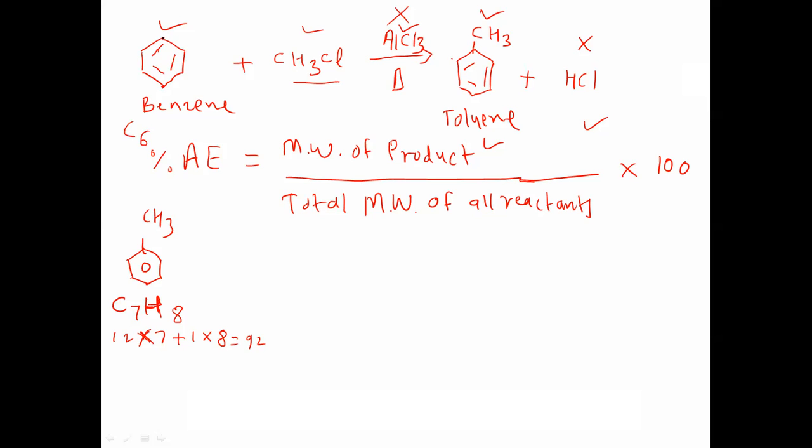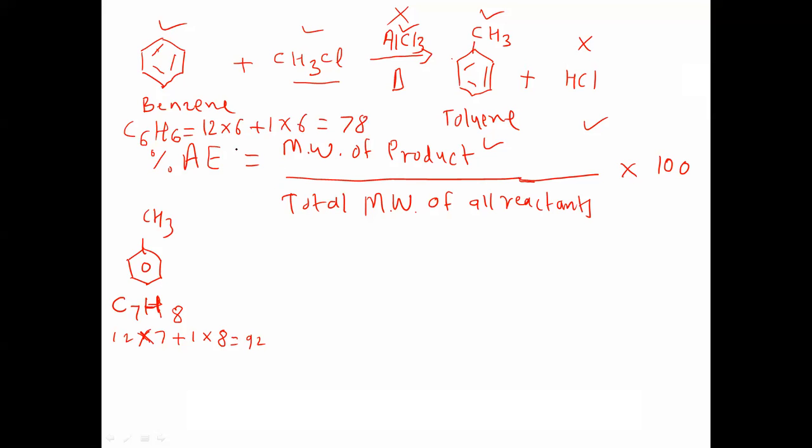We have 6 corners, so 6 hydrogens. C6H6. Here again, one carbon atom is 12, we have 6 such carbons, plus one hydrogen atom is 1, we have 6 such hydrogens. So 12 times 6 is 72, plus 6, that is 78.